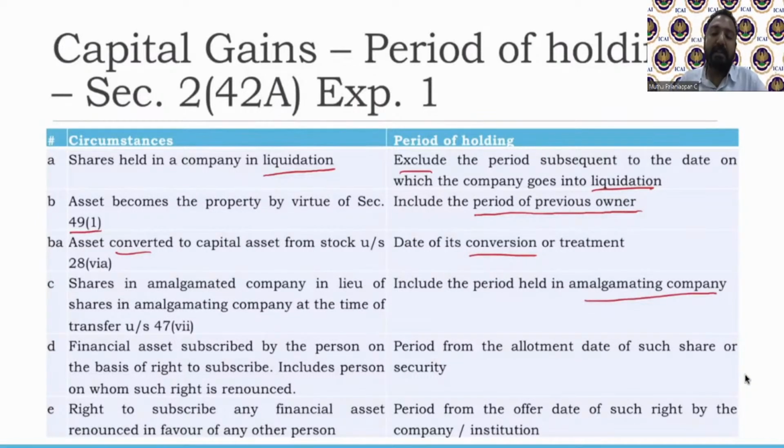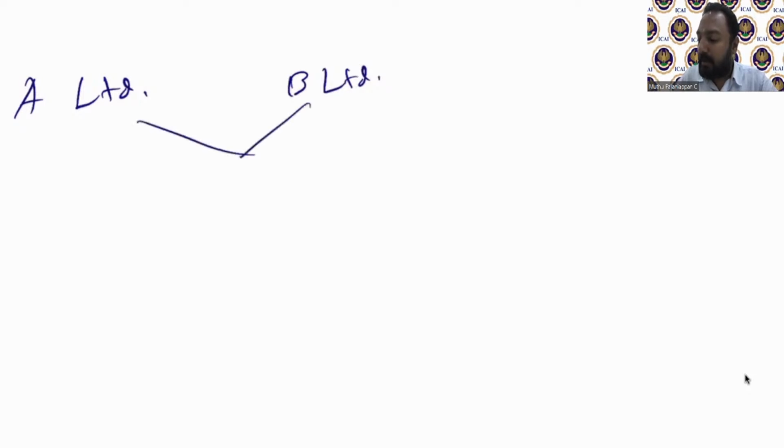For a simple example, earlier there was a company called A Limited, and there is a company called B Limited. Now A and B have amalgamated into AB Limited.